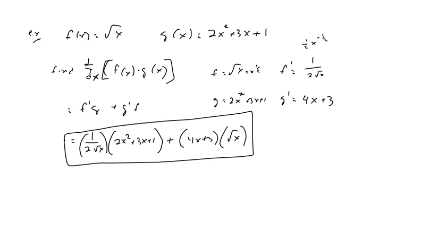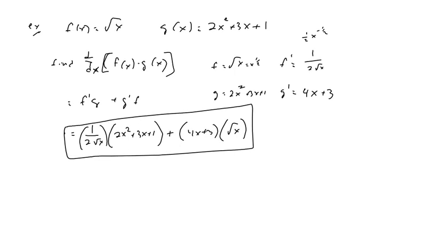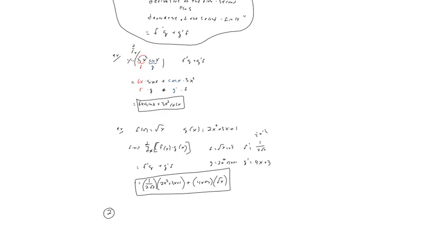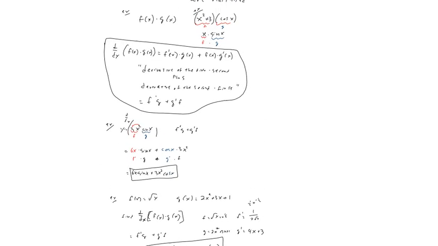F prime g plus g prime f. All right? Now that you know your derivative rules, you can find the derivatives of things pretty easily. So that was rule number 1. Product rule, f prime g plus g prime f.